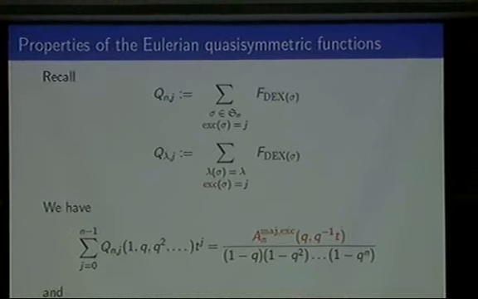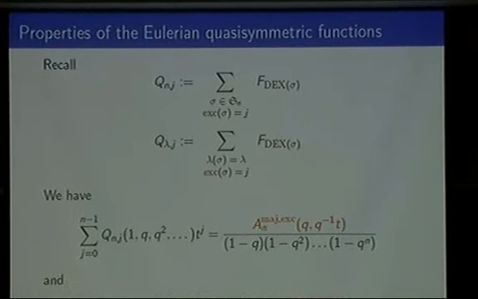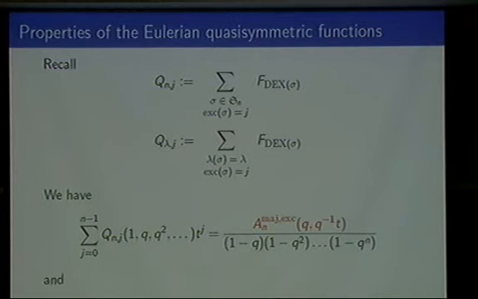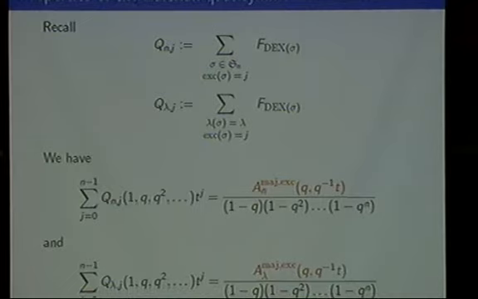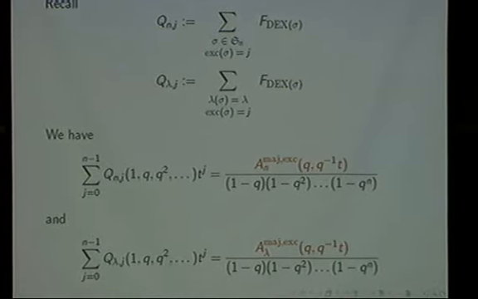Okay, so now I can lift what I've been talking about to the Eulerian quasi-symmetric functions. So recall the definitions. This top one is what I called the Eulerian quasi-symmetric functions, and this we can call the cycle type Eulerian quasi-symmetric functions. And recall the specializations that we obtain.